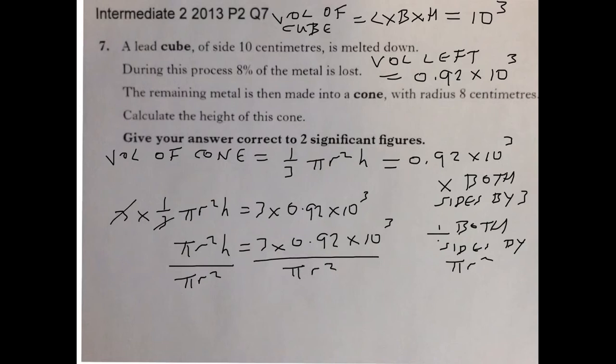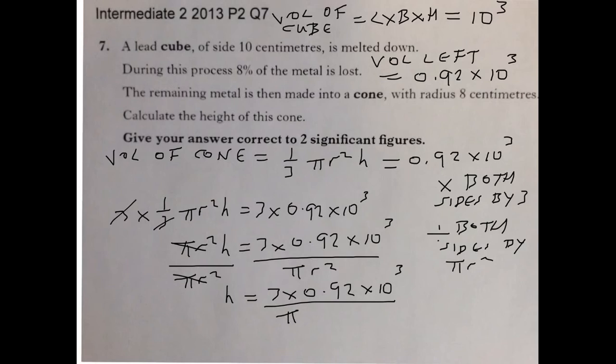And on the left hand side, the pi r squared will cancel out. So we're just left with h equals 3 times 0.92 times 10 to the 3 all over pi r squared.